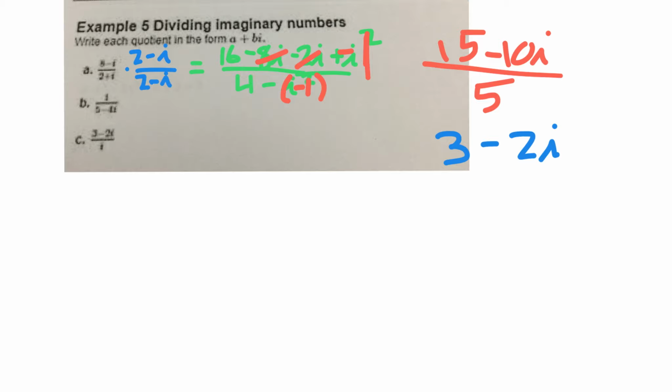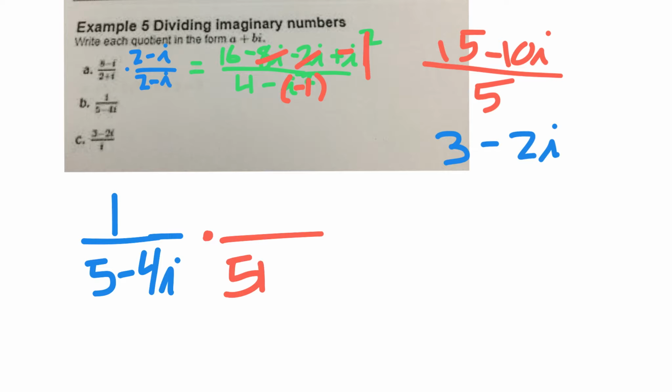Okay, B, here we go. We've got 1 over 5 minus 4I. Trust me, if I didn't have to take any other subjects, I wouldn't have. But I have to. So I need to multiply by the conjugate. What is the conjugate? And why am I multiplying by the conjugate? Because it makes the magic happen.